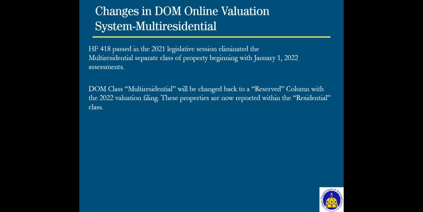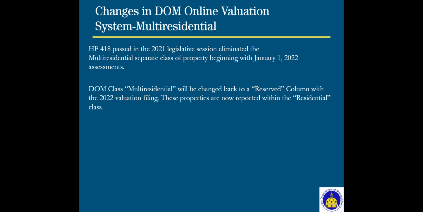And some of those reports are listed by class of property, residential, commercial, industrial, etc. And so I do want to just share that House File 418 passed in the 2021 legislative session, and it eliminated the multi-residential class of property as a separate class, beginning with the January 1, 2022 assessments. So the January 1, 2022 assessments, valuation assessments, are what is used for your fiscal 24 budget.